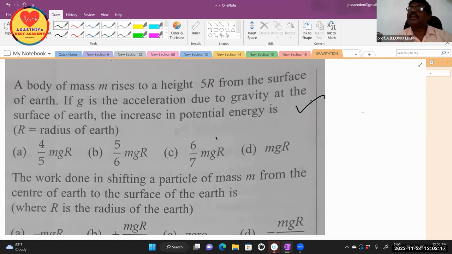Already one mass is placed at the surface of the earth. That mass is raised to a height equal to 5 times the radius of the earth. Then what would be the increase in potential energy? That is the question. This is also a very simple problem. You can do it. Tell me the answer quick.